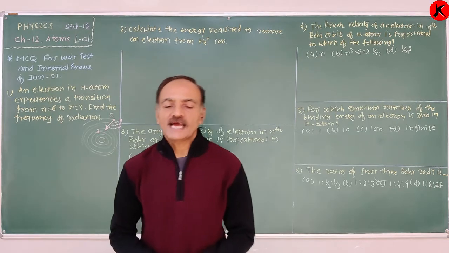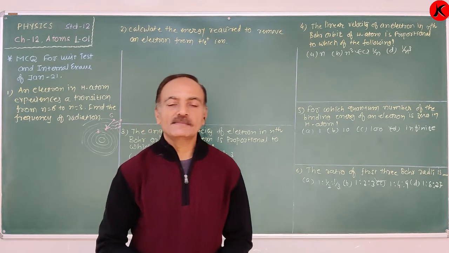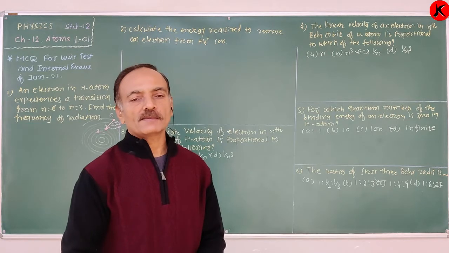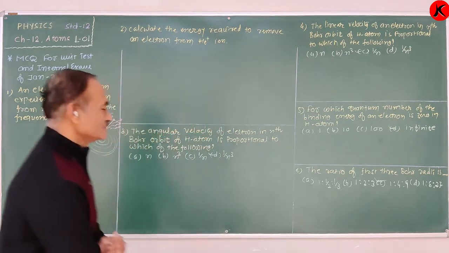Therefore, we know the equation for the wavelength, or wave number, of the radiation during the transition in a hydrogen atom or any atom: 1 upon lambda is equal to R into 1 upon n square minus 1 upon m square.